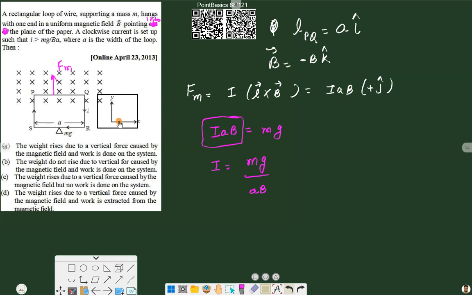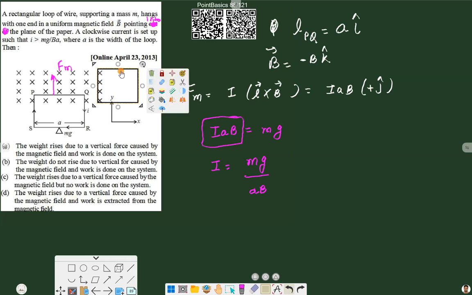So this loop will keep on moving with acceleration, and when the lower part of the loop reaches inside the magnetic field, assuming at this point the upper part is also in the magnetic field, now what will happen? In the upper part the current is in positive x, and in the lower part the current is in negative x.